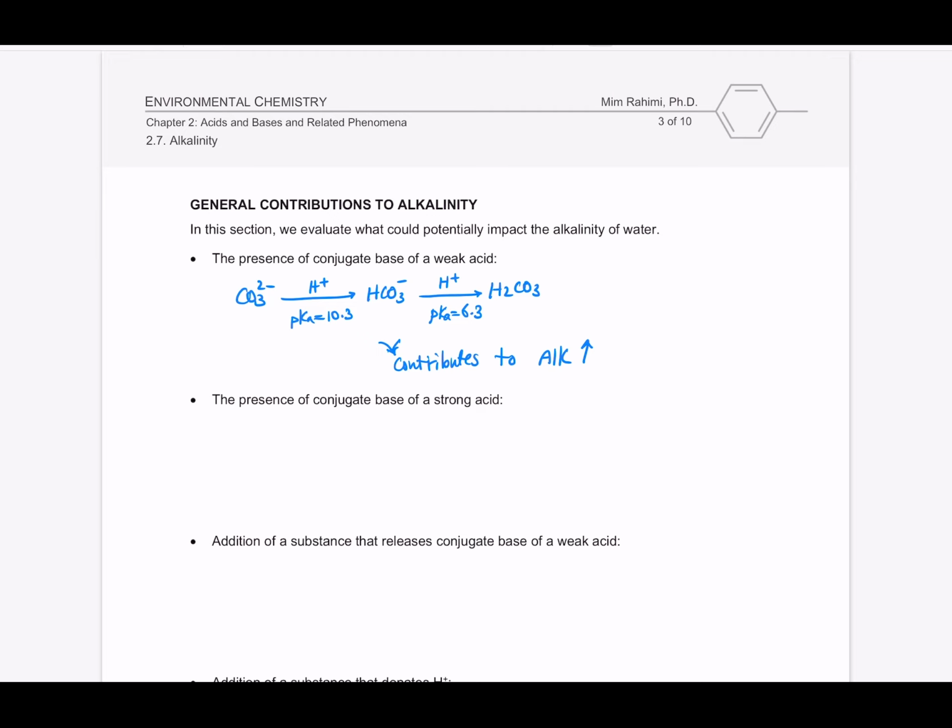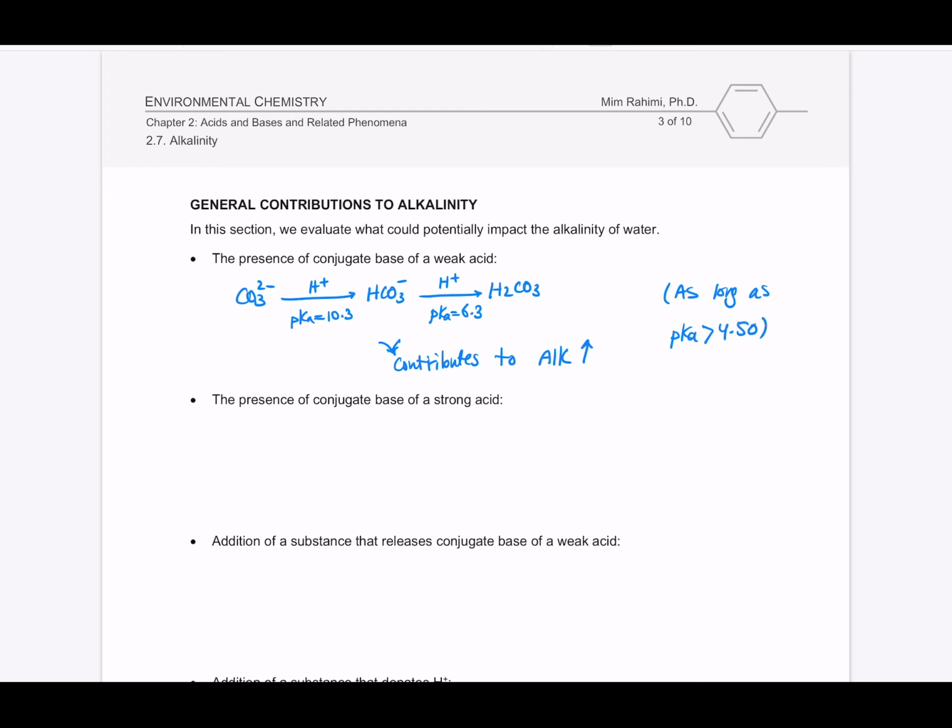What was the difference between alkalinity and buffer? That we care up to a pH of 4.5. So any weak acid, as long as pKa is bigger than 4.5, they contribute.